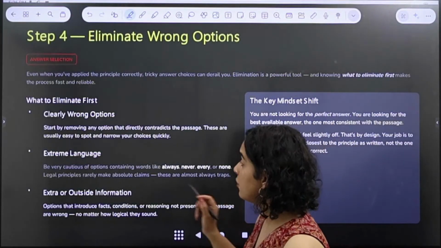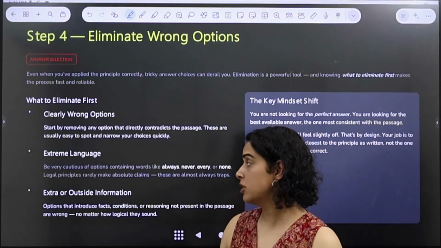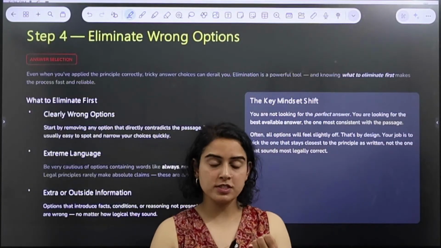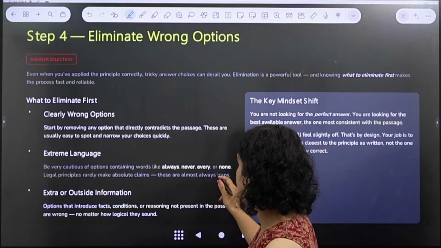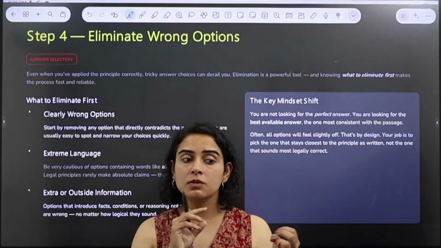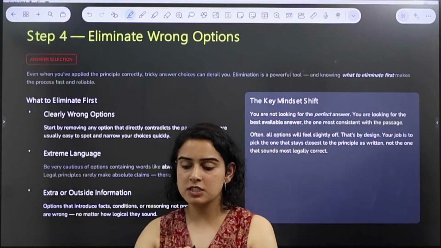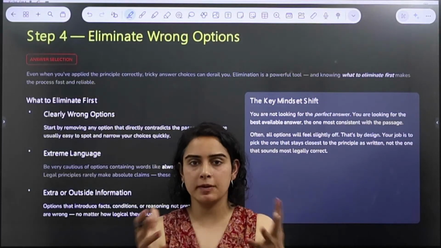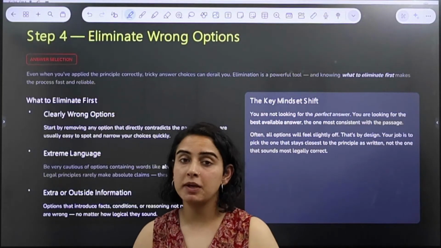Secondly, if you feel that any extreme language has been used, like always, never, every, or none, where you understand that it is trying to make a claim. Now, your legal reasoning principles do not make a claim. They give you a law, a rule, but they're not making a claim.